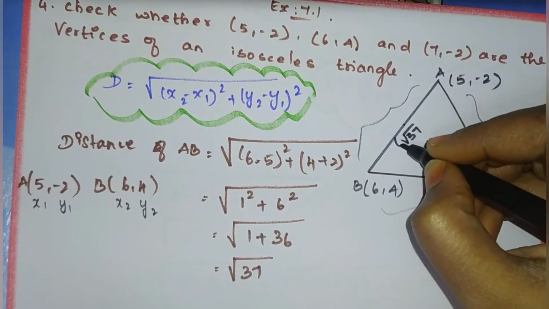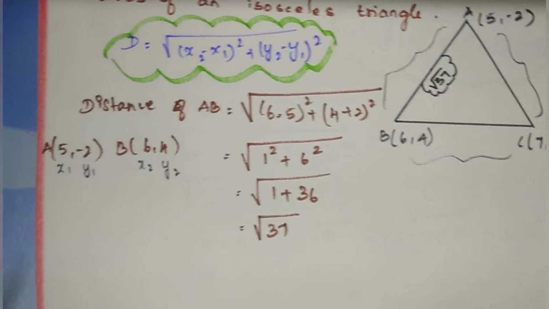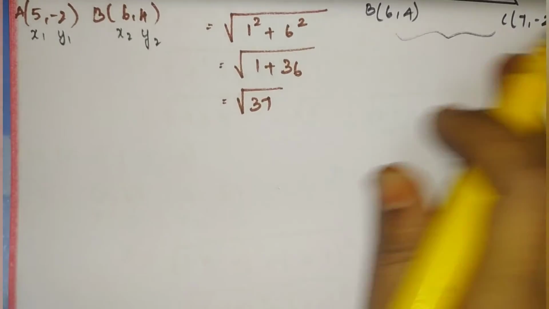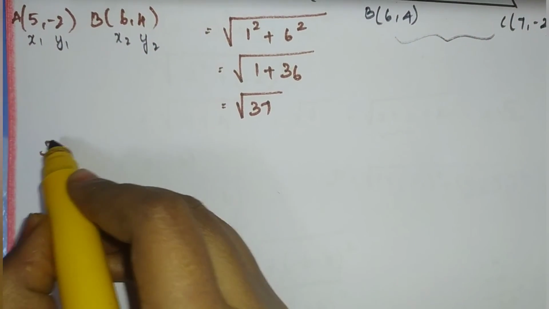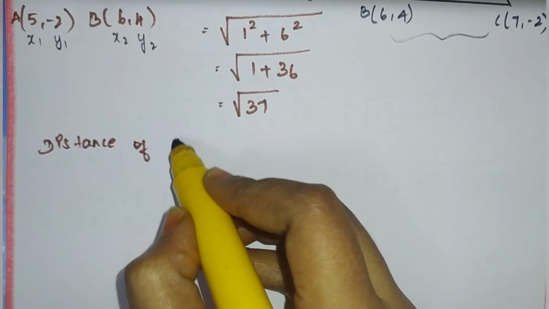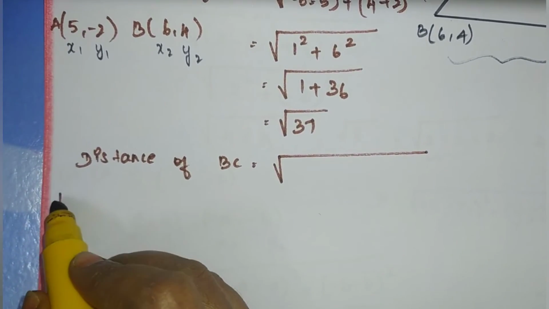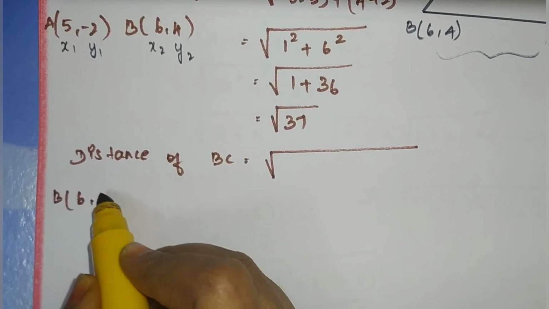And then what do we have to find? The distance of BC. Before that, write what is B and what is C: B is (6, 4) and C is (7, -2).